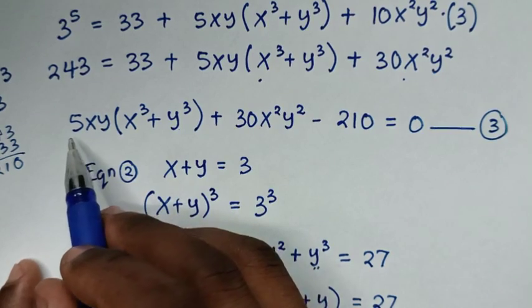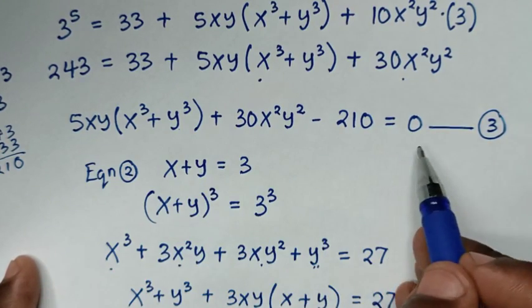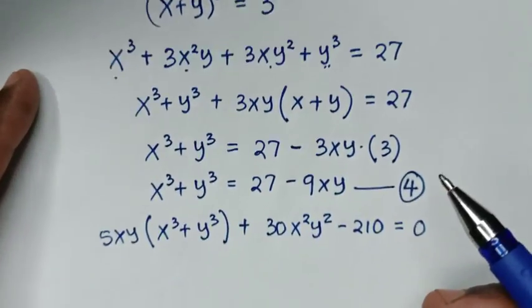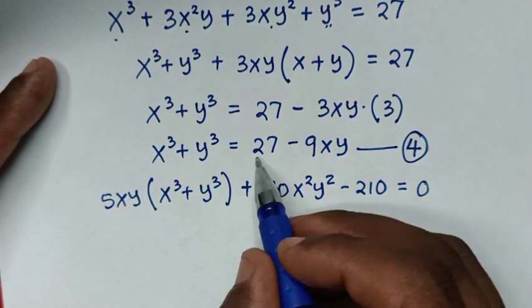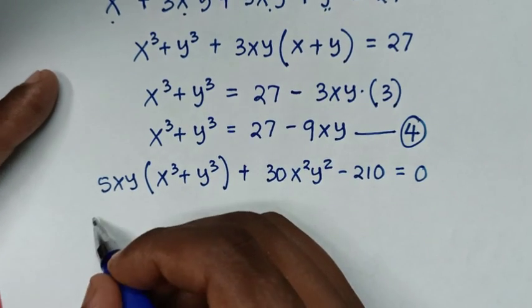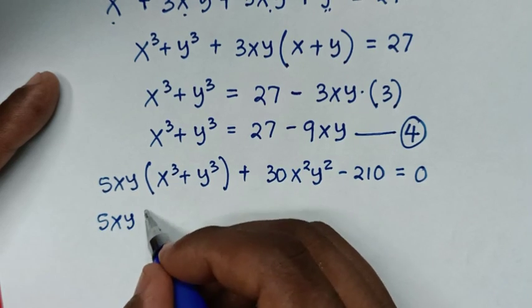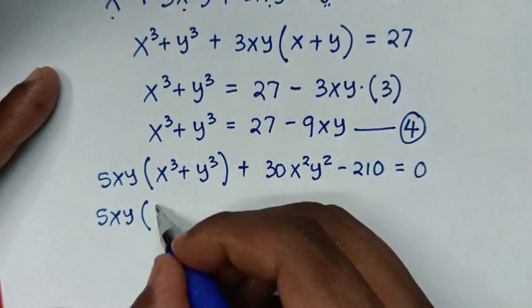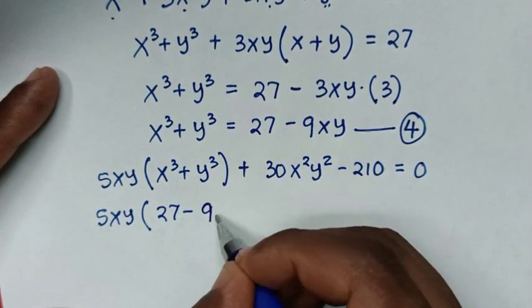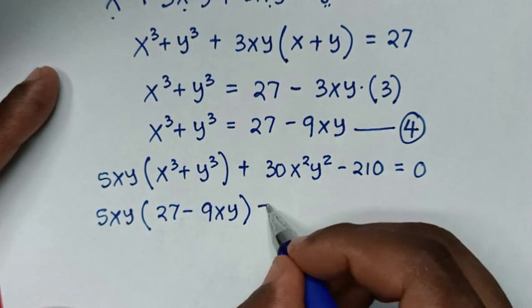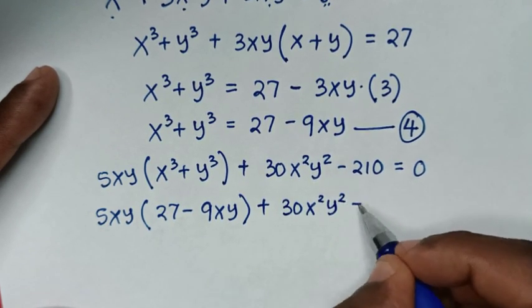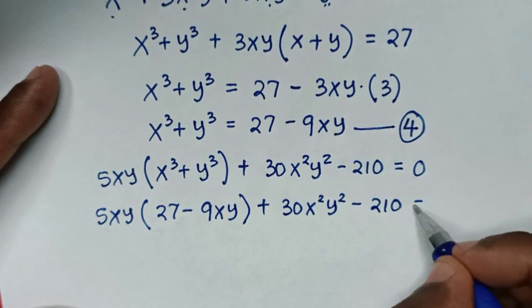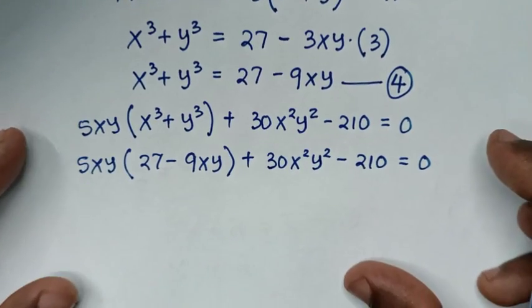I'll just write this as equation 3. Then we substitute x power 3 plus y power 3, so it will be 5xy (27 minus 9xy) plus 30x square y square minus 210 is equal to 0.